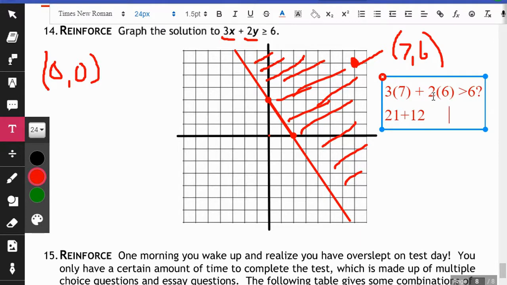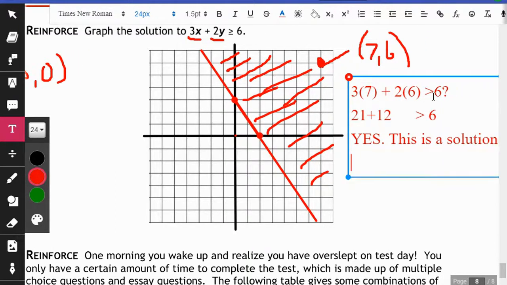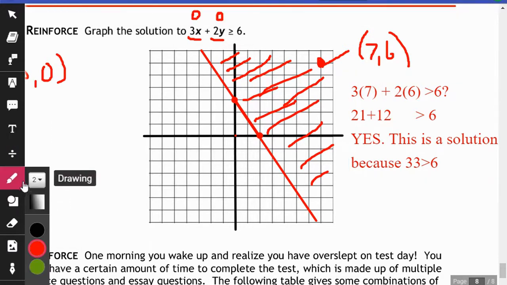Is that greater than 6? Better be. Yes. This is a solution because 21 plus 12 is 33, which is definitely greater than 6. So we did it right. I should technically change all of these to greater than or equal still.